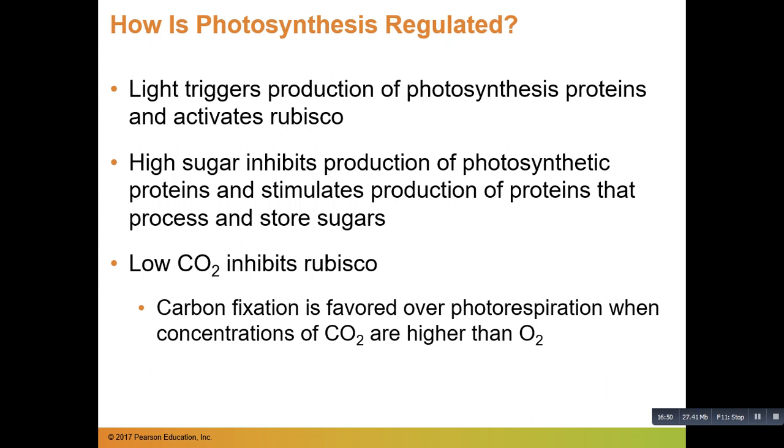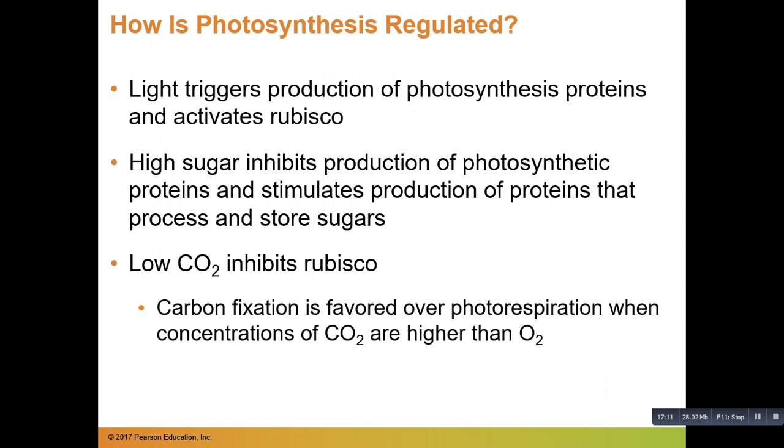However, we're still going to have the production of proteins that process and store the sugars, because even though we have a high amount of sugars, we need to make sure that they are going to be stored for a later time.